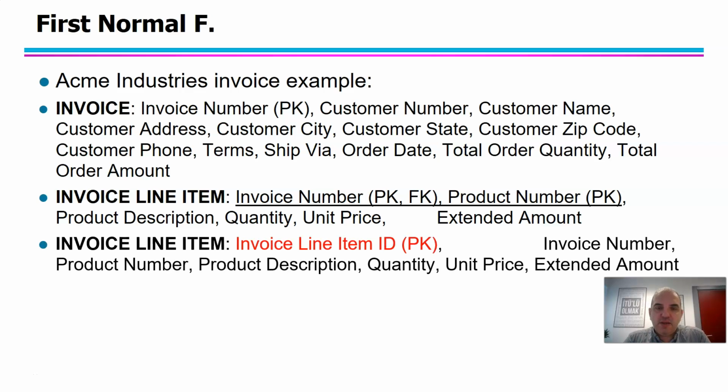Another way is to create a surrogate key, which means the invoice line item ID does not exist in our original table, but we want to create such a column just to make a primary key. The only reason is to create a primary key for our new table. We can use this approach.